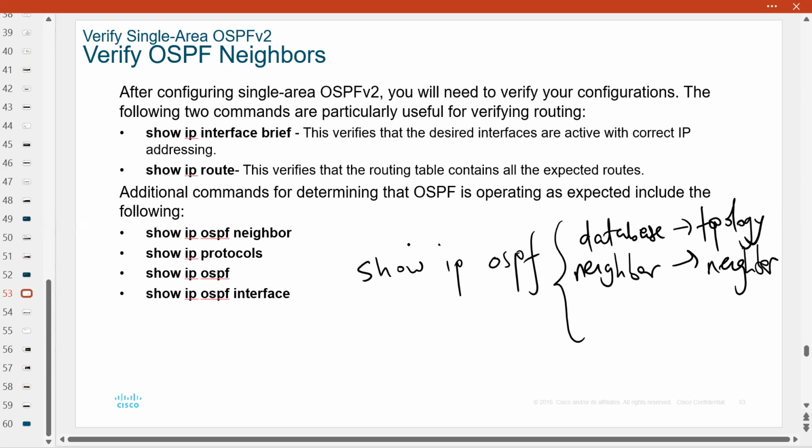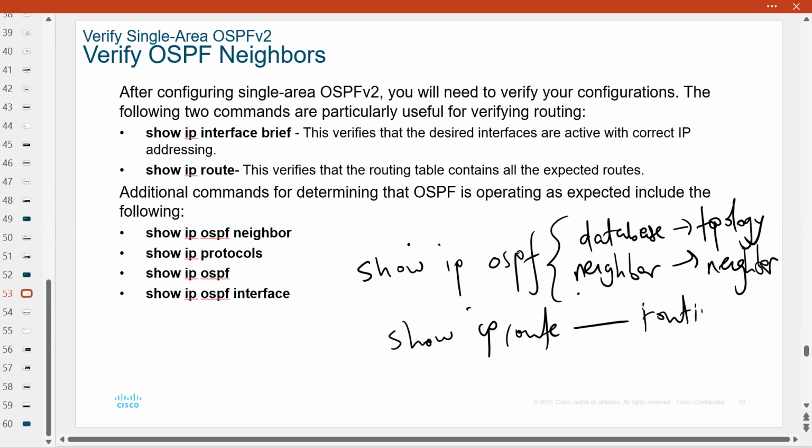Last one: show IP route shows you the routing table. So I want to focus on these three show commands: show IP OSPF database, show IP OSPF neighbor, and show IP route.